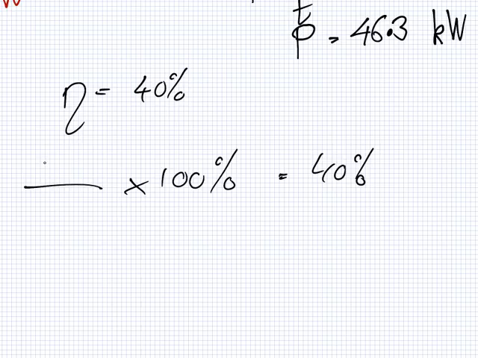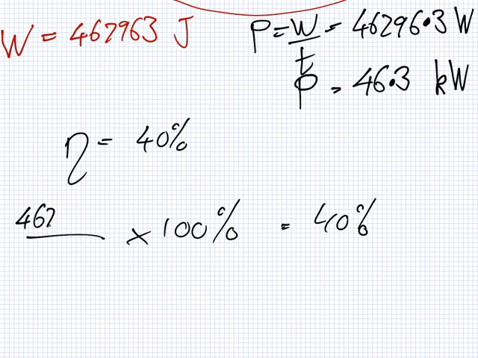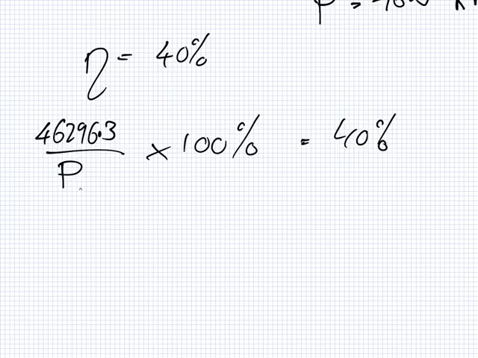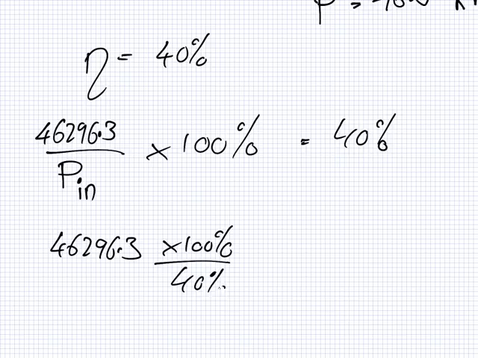Which do I know, the in or the out? I know the out, 46296.3. And the input? I don't know. That's what I want. If I rearrange this, I get 46296.3 times 100% over 40% equals power in.